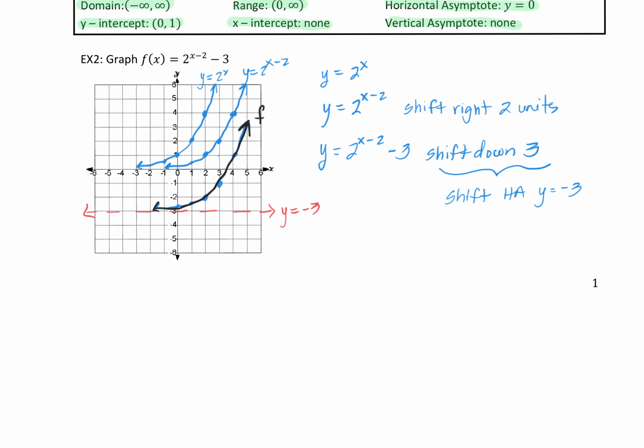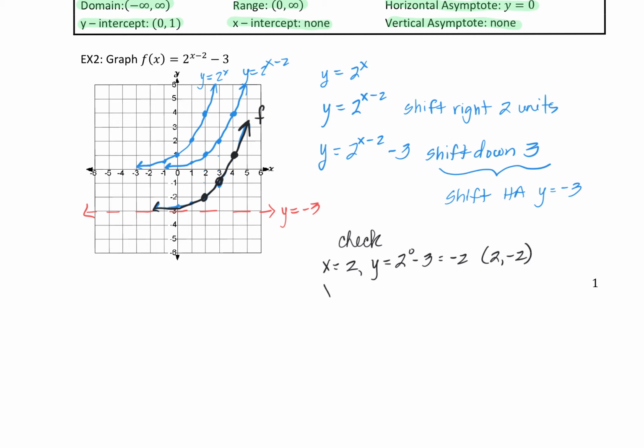And I can also check these points to make sure it passed through the correct points. Let's look at these 3 key points when x is 2, 3, and 4. So if x is equal to 2, y is equal to 2 to the 0 minus 3. 2 to the 0 is 1, 1 minus 3 is -2. So is my graph passing through the point (2, -2)?